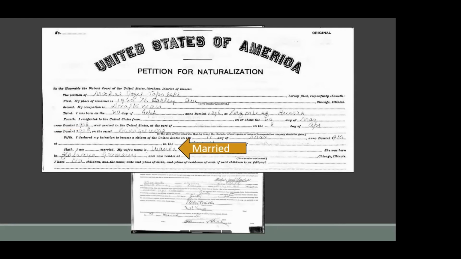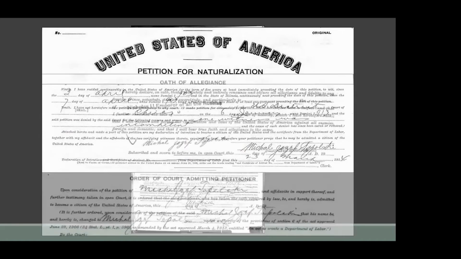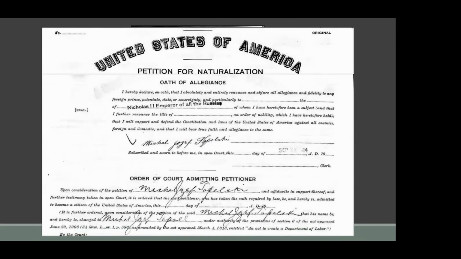He is now married to Wanda, who is his wife in the 1920 census that we looked at. And it states here that she is from Germany. It does mention that 1913 petition and that it had been denied because of a witness being incompetent. But here we have September 28, 1914, Michael and Wanda are naturalized.